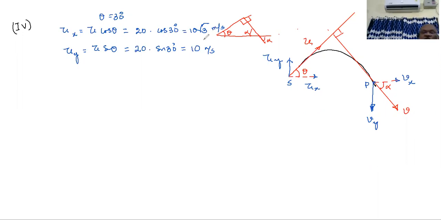We know the unit of velocity and all that. So now, thinking of ux equal to 10 root 3 and uy equal to 10, that is 10 upward.